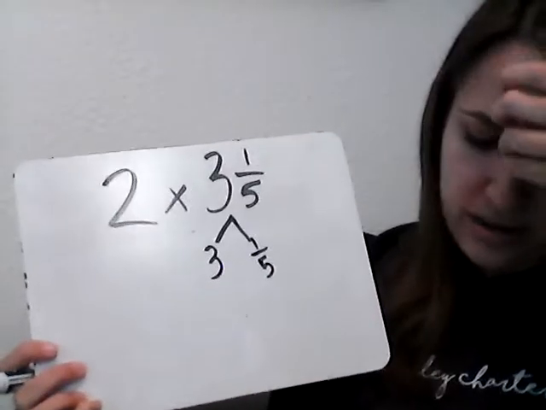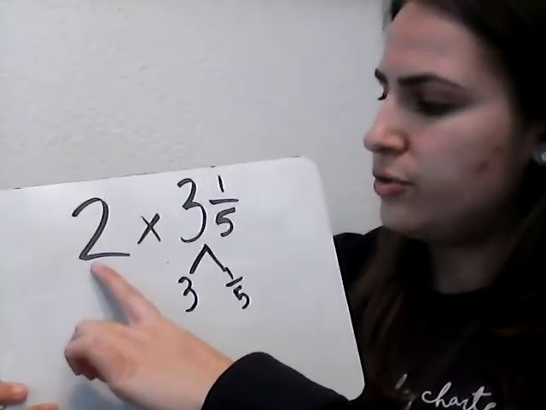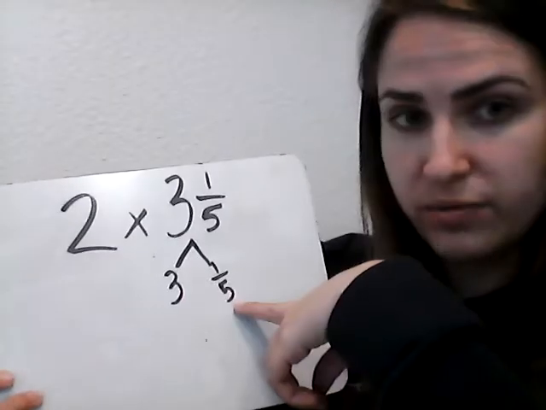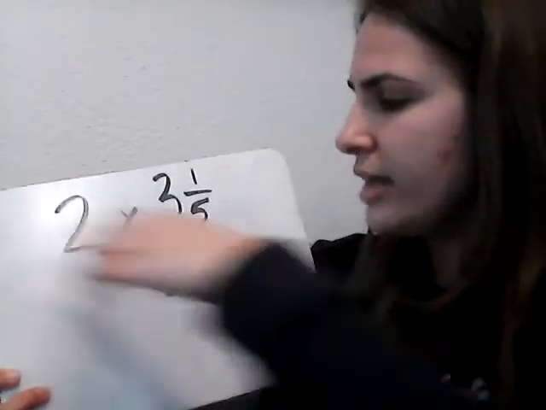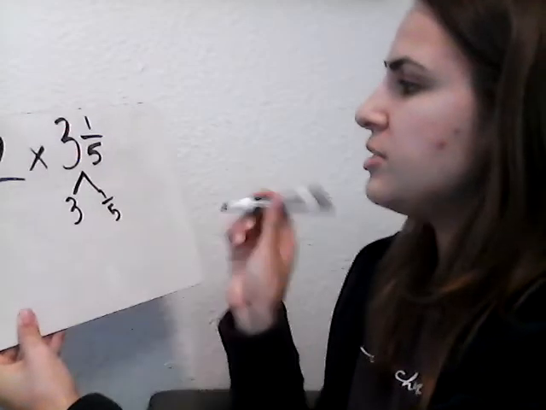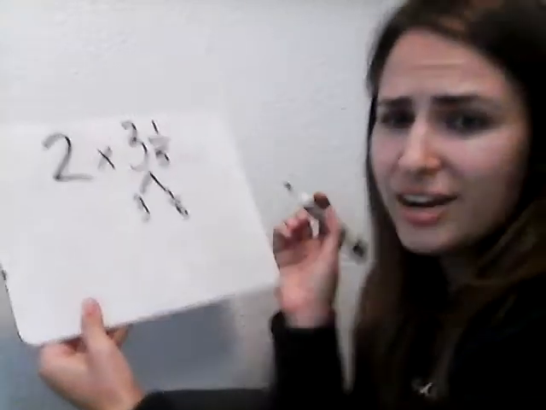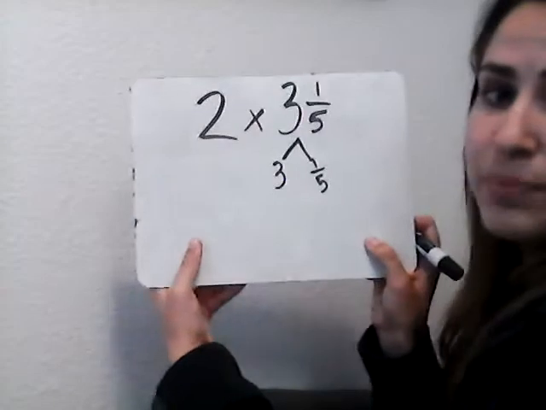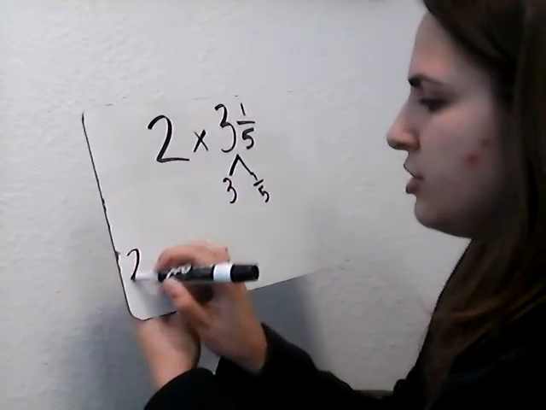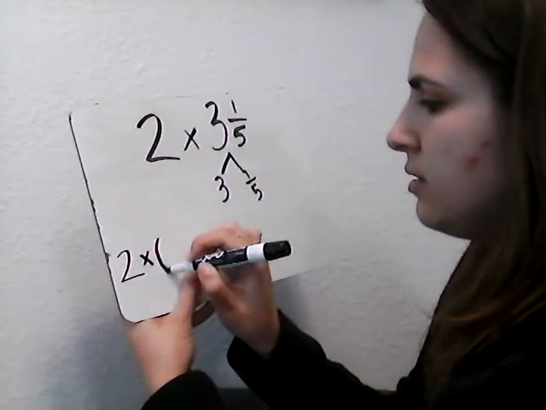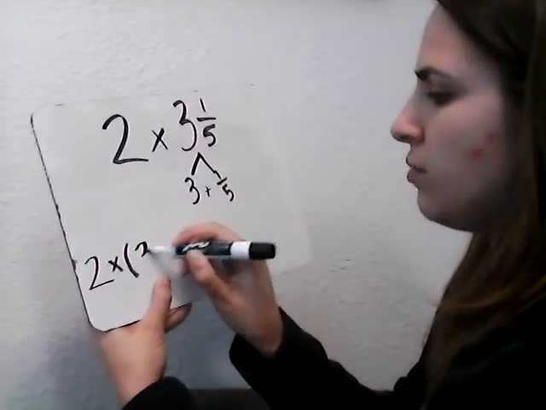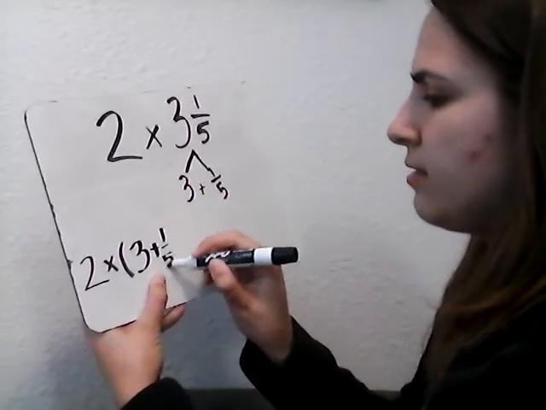So essentially, we are multiplying 2 times 3 and 2 times 1/5. So we're going to rewrite 2 times 3 1/5 as 2 times 3 plus 1/5.